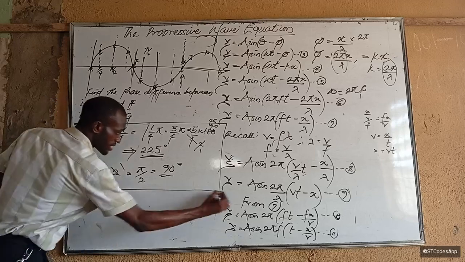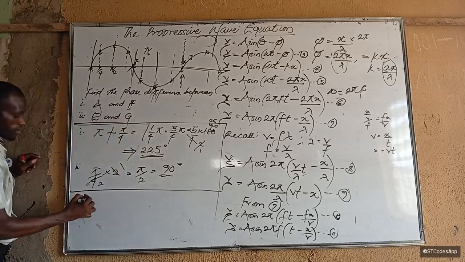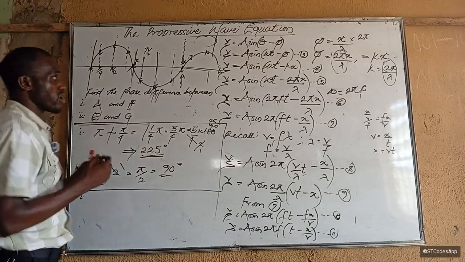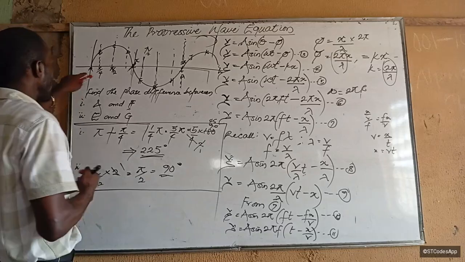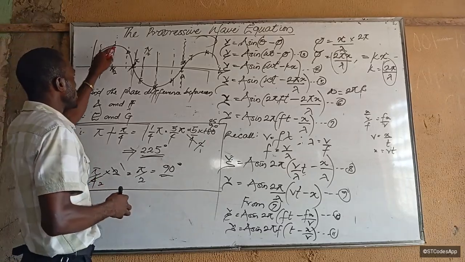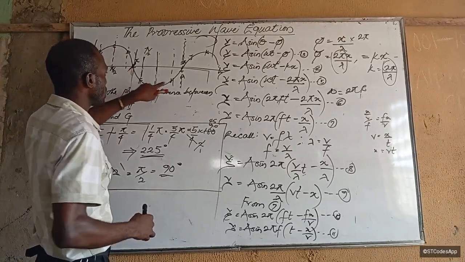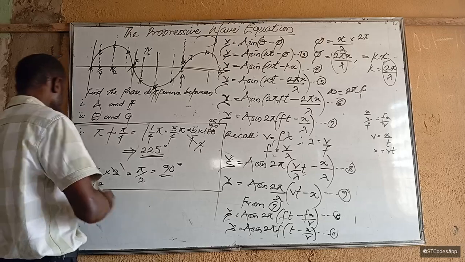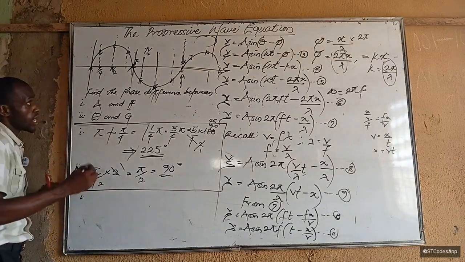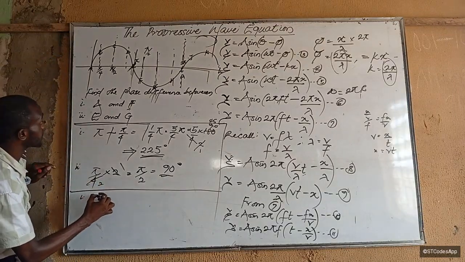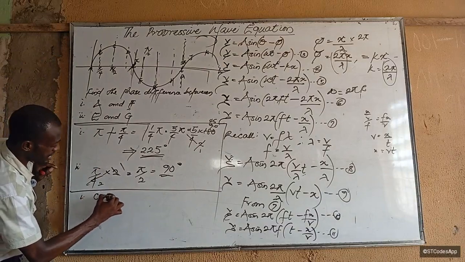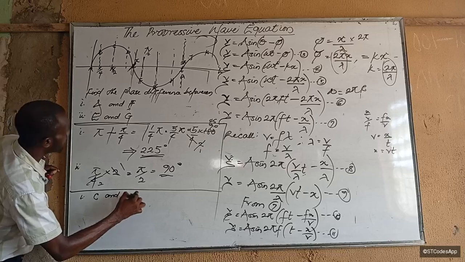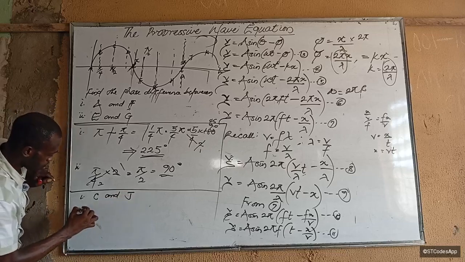Now your assignment is this. Find the phase difference, using the same wave. Okay? Look at it, we have A here, B, C, D, E, F, G, H, I, J, K, L. Using the same wave, you are going to find the phase difference between points C and J. 2.